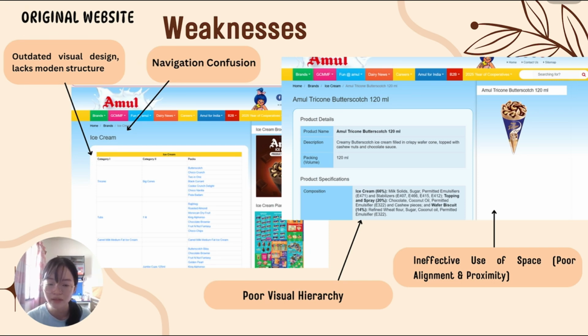Besides, there is poor visual hierarchy: all text appears in the same small font size, so users can't easily identify what's important. And lastly, ineffective use of space because of poor alignment and proximity.